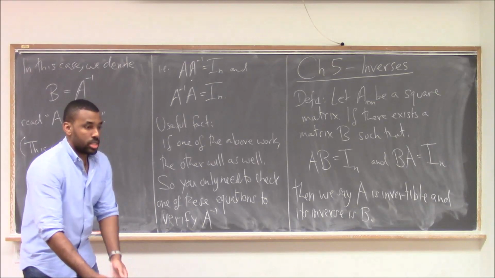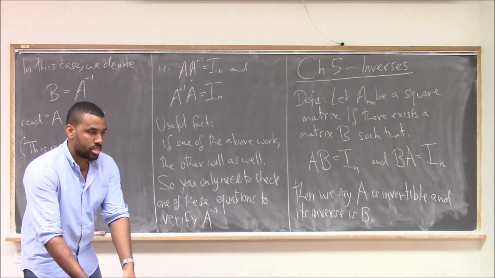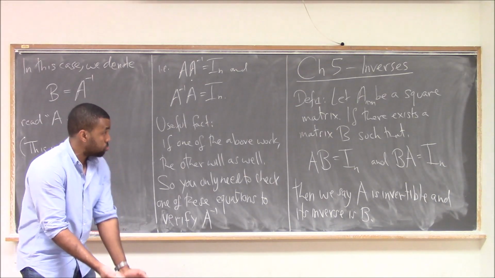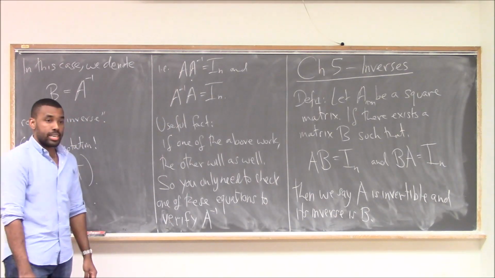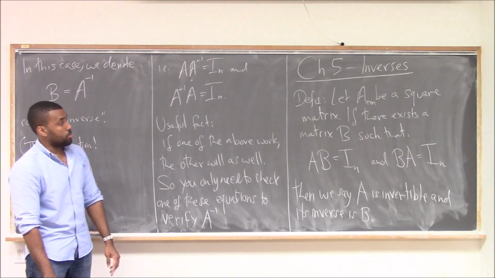So if you have a matrix and someone gives you another matrix and claims that this is the inverse, you can actually check it pretty easily. Just do the matrix multiplication. As long as the result is the identity, that's the inverse.